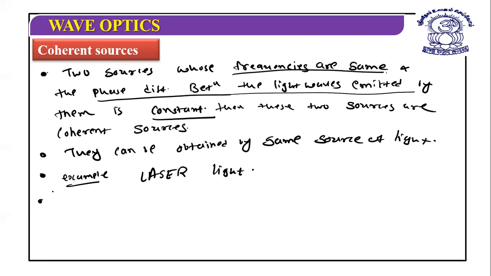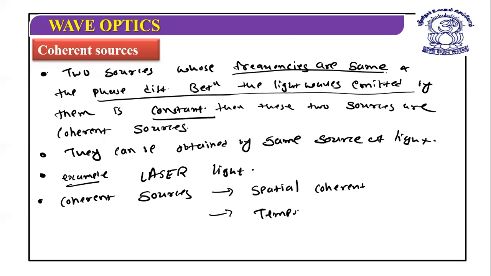These sources are of two types: spatial coherent sources and temporal coherent sources.